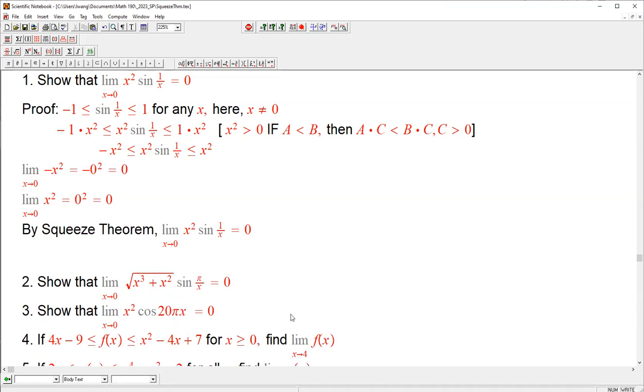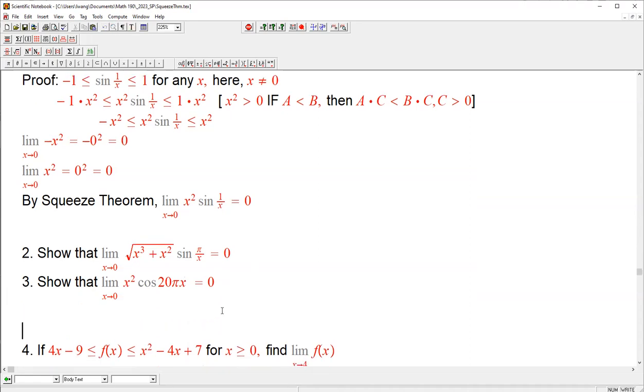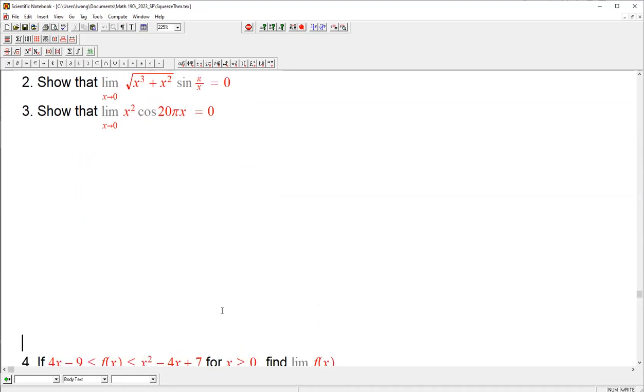Number 2 is similar. Number 3, cosine has similar properties. The range of cosine is also between -1 and +1. So when we prove that, we started with the cosine of pi x.